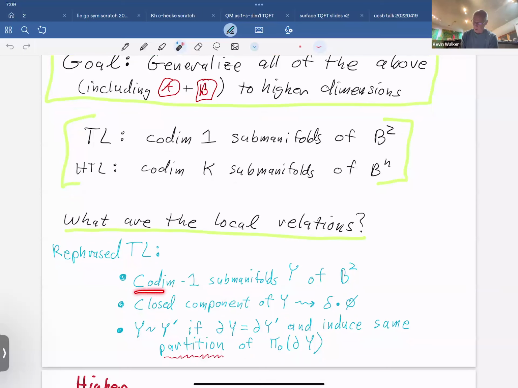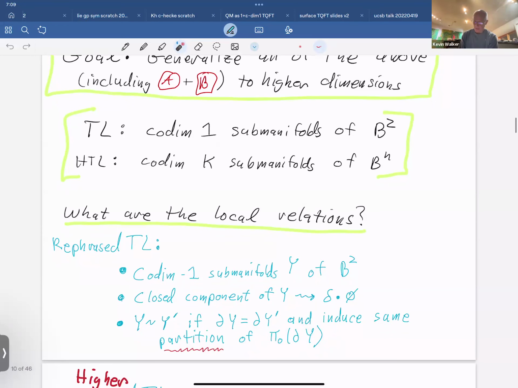It's built out of codimension 1 submanifolds Y of the ball. And if we see a closed component, we can erase it, and we get a scalar delta. And then Y and Y prime are considered the same. I don't want to say isotopy. I want to say they're the same if they induce the same partition, hence partition relations in the title, of the path components of the boundary of Y.